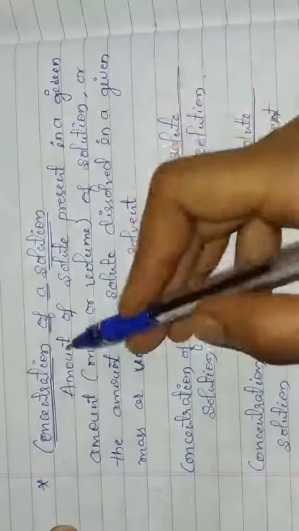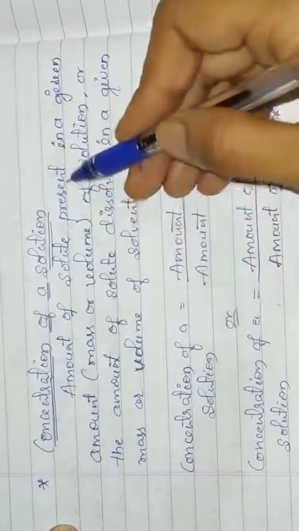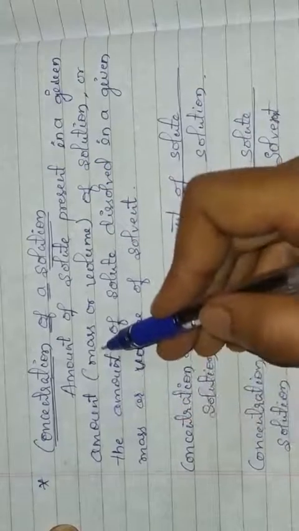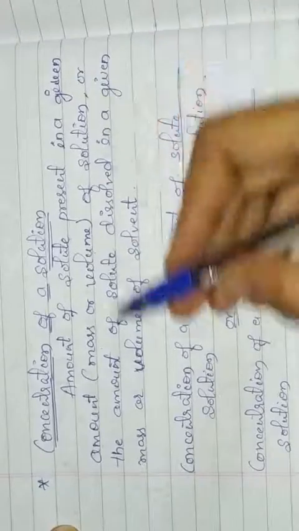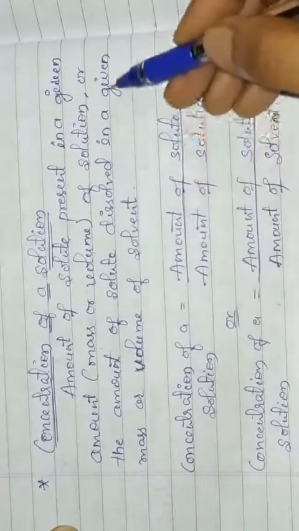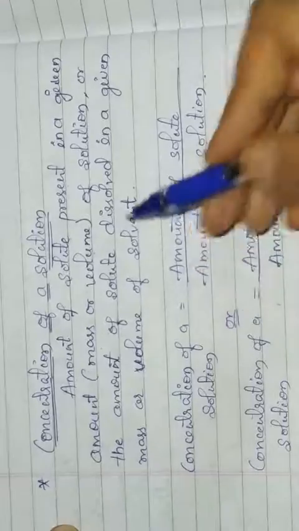The amount of solute present in a given amount, that is in terms of mass or volume, of solution, or the amount of solute dissolved in a given mass or volume of solvent.